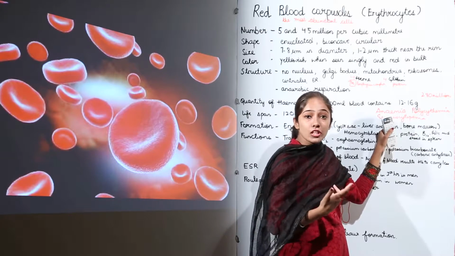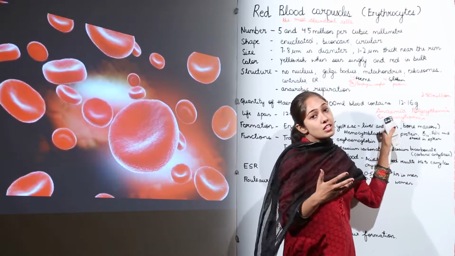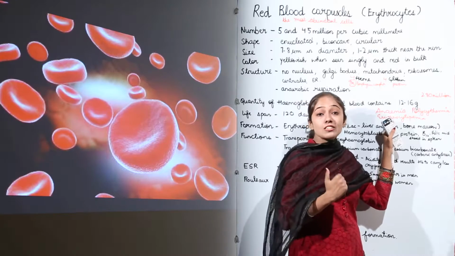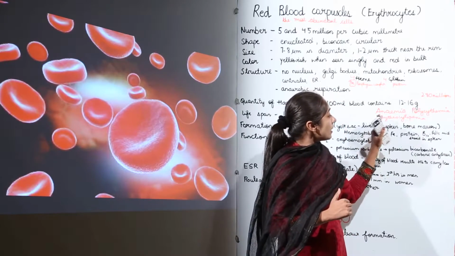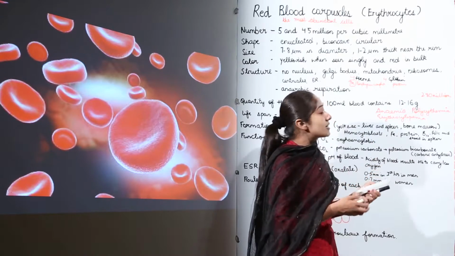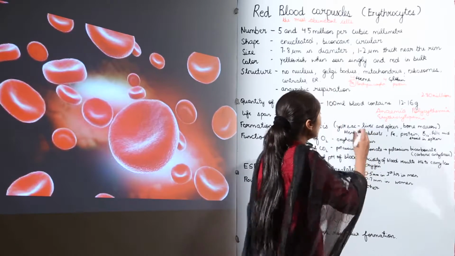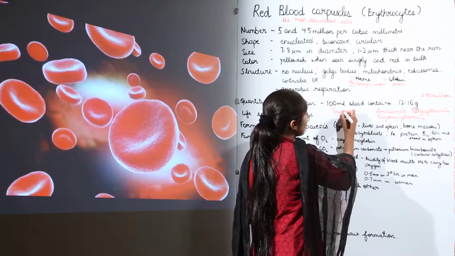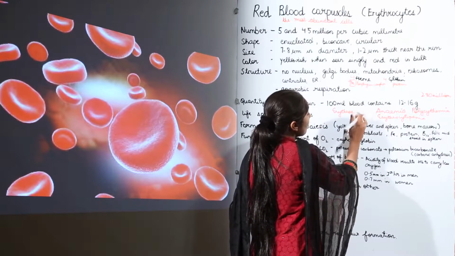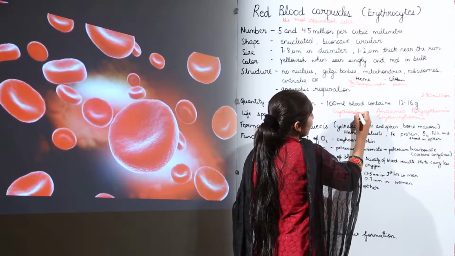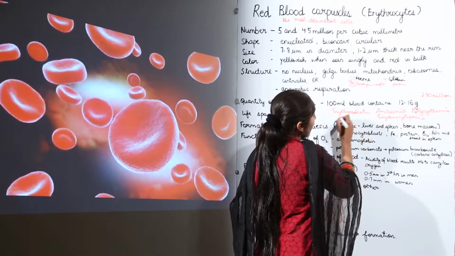Why is there oxygen deficiency? Because the pigment hemoglobin is less in your body, so oxygen transport is less. So, when this is the condition, what happens? The kidneys stimulate a hormone that we call erythropoietin.